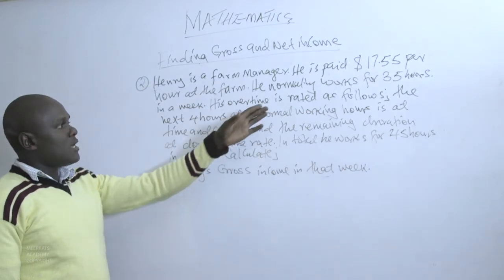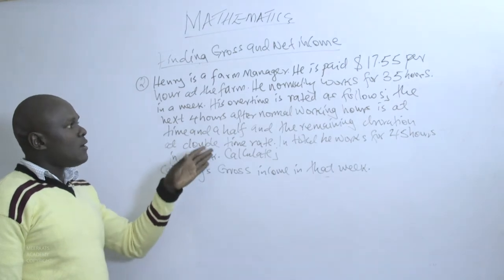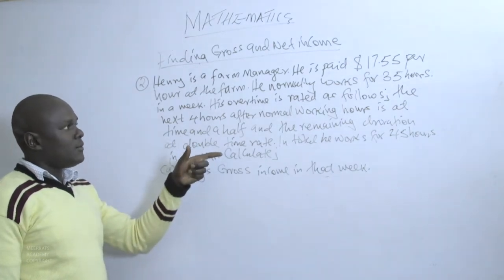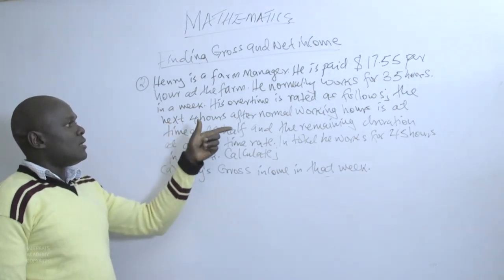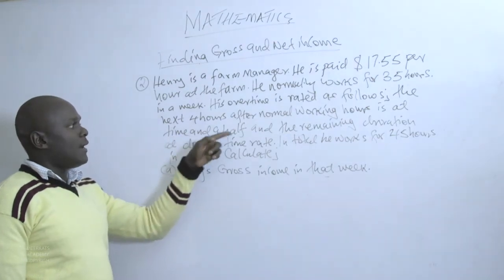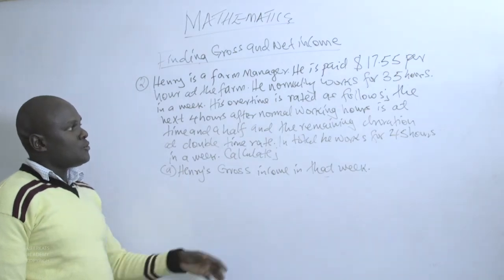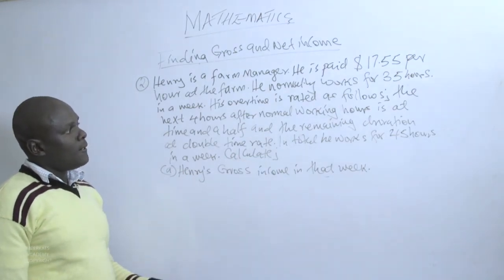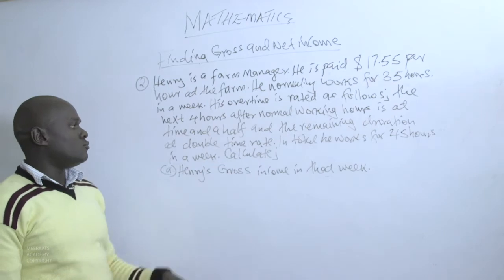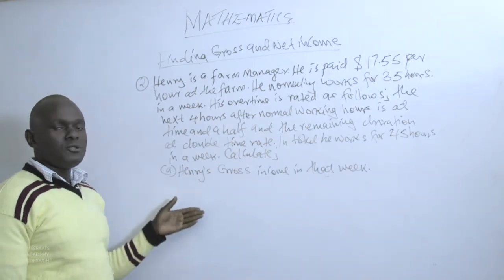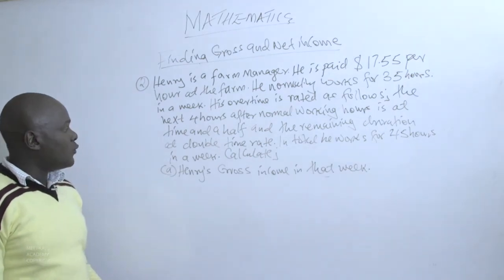His normal working hours are 35 in a week, and for the next 4 hours after the 35 hours, he is paid at a rate of time and a half, and the remaining duration, which will actually be around 6 hours, he will be paid double. So our first question is for us to calculate his gross income in that particular week.